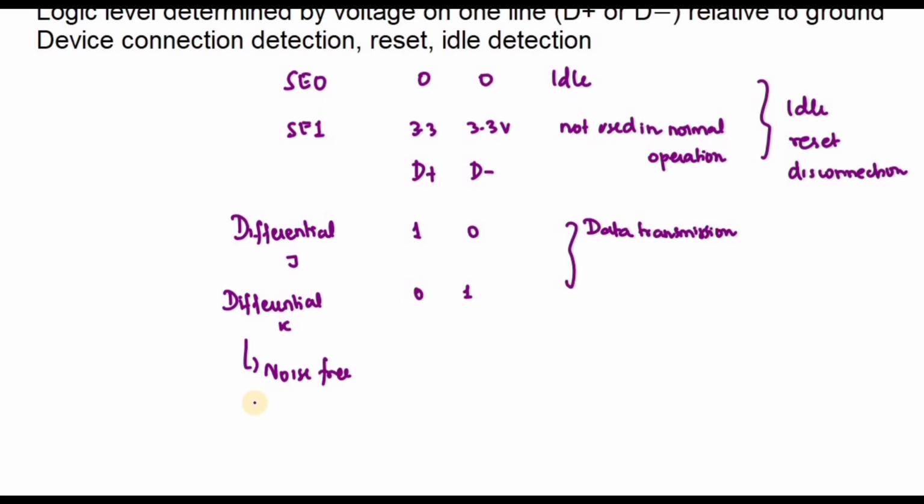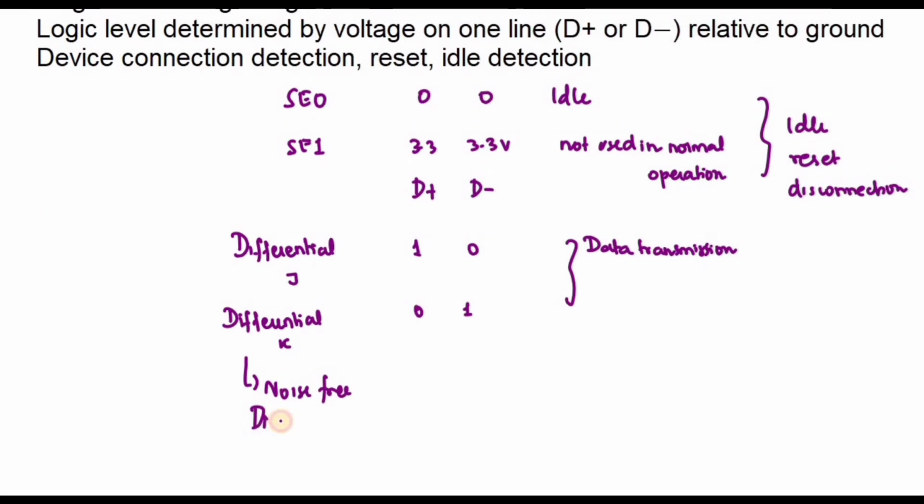The ground wire acts as a shield for the data. Therefore, differential signaling allows much lower voltage and much higher speed to be used when compared to single-ended signaling.